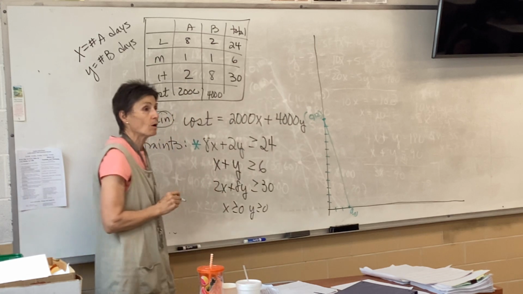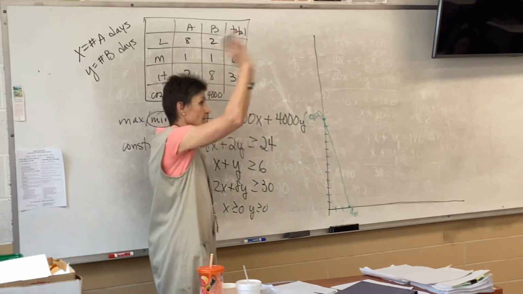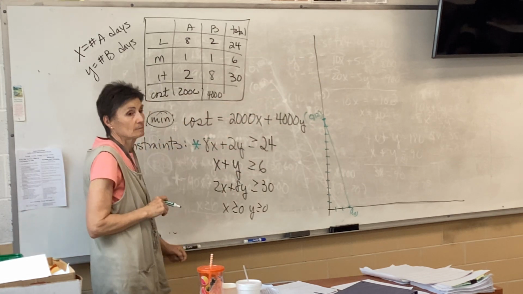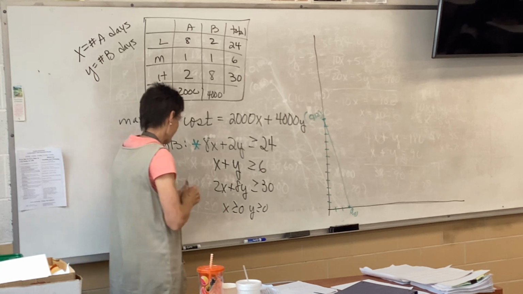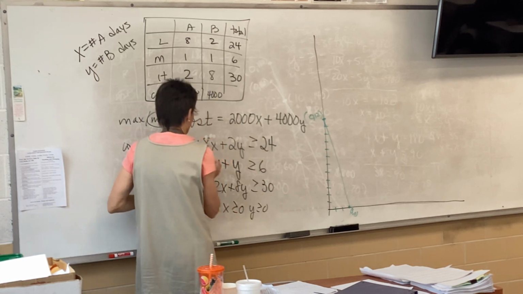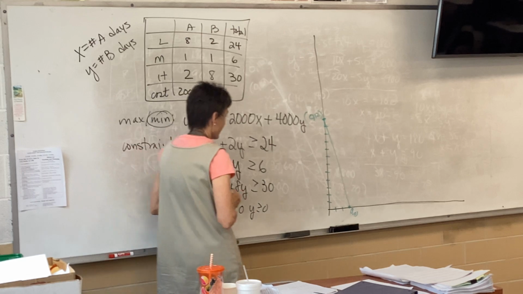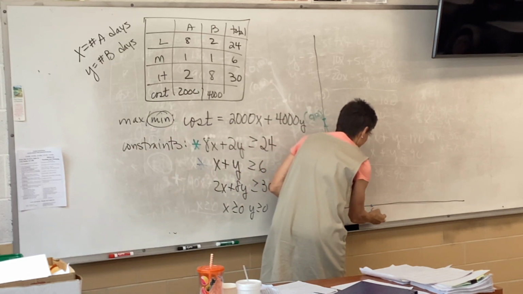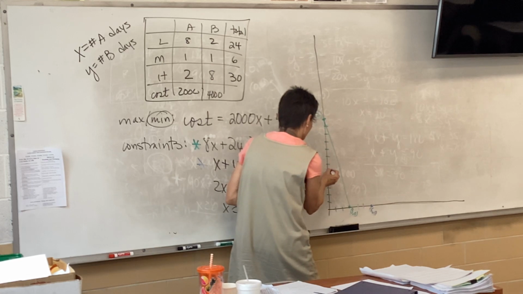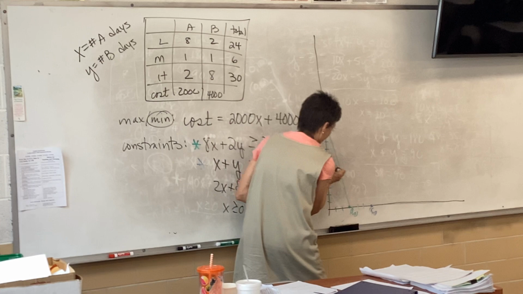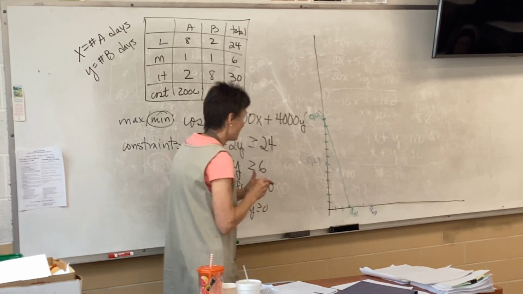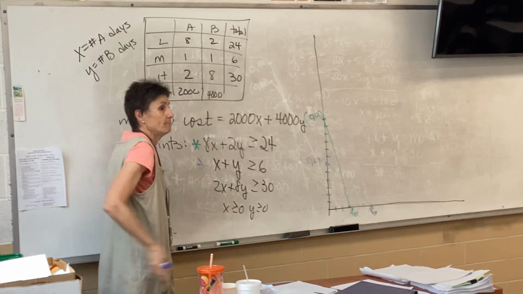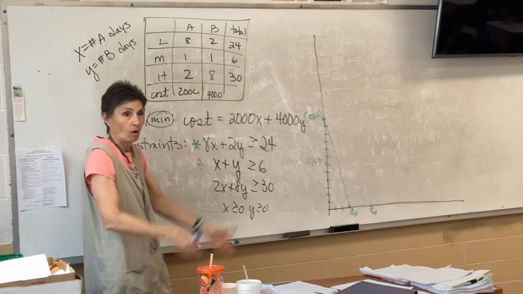And like before, that is shaded out there. If Y is 0, X is 6. And if X is 0, Y is 6. And like before, that one is shaded out also.